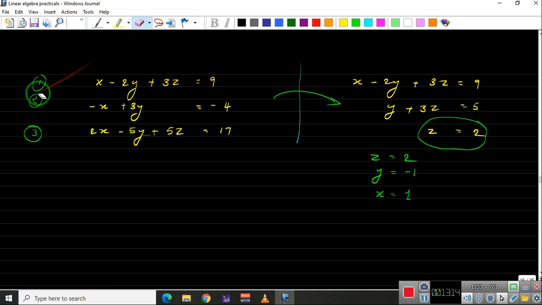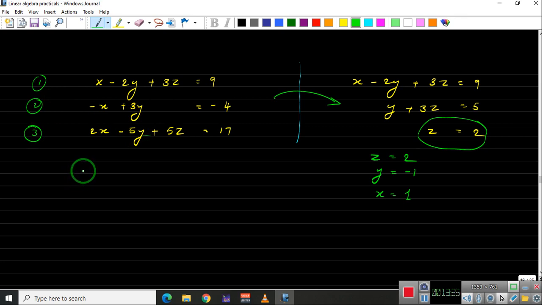What happens if I write equation number 2 as equation number 3? If you interchange, we'll have the same system, right? You are just writing the second equation as the third and the third as the second. You will still get the same solution. So that's the first operation, interchange of two equations.